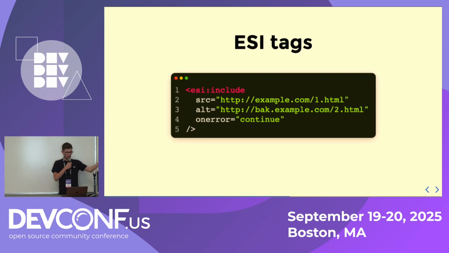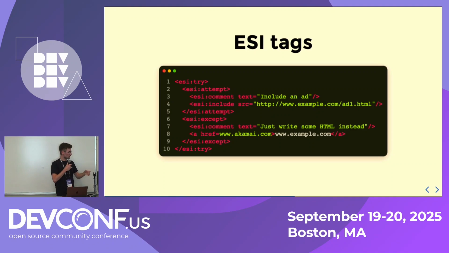If you don't specify onerror continue, it will stop the computation of your tag. You have some try-catch blocks, and as it's HTML, if your proxy doesn't support parsing, it won't be interpreted. It will be returned to the client as is, and won't be displayed in your page.